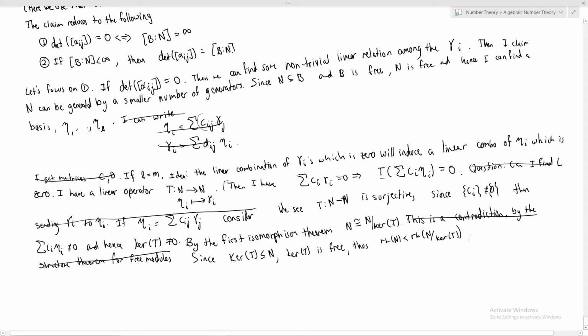Okay, so L is less than M. So what do we show? Thus, L is less than M, and basically the index of N in B has to be infinite, since the rank of N is strictly less than the rank of B. Okay.